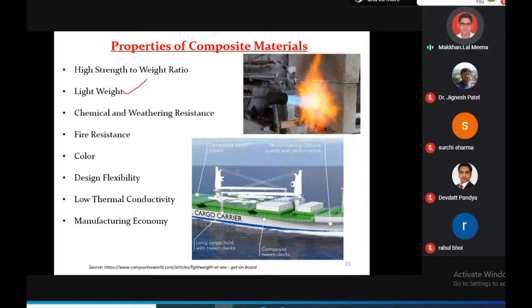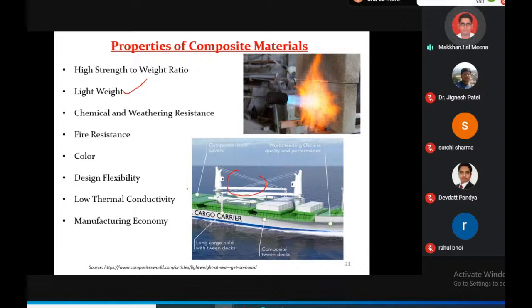All composite materials are generally lightweight, because standard fiberglass laminates have a specific gravity in the region of 1.5, compared to alloys of around 2.7, or steel at around 7.8. So this is one of the main properties of composite materials: being lightweight.